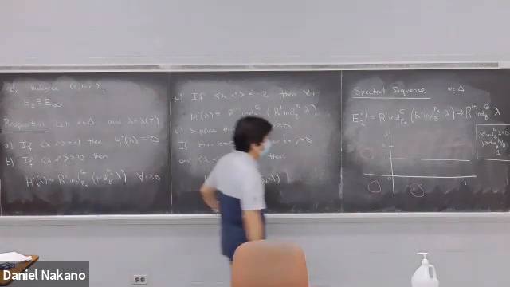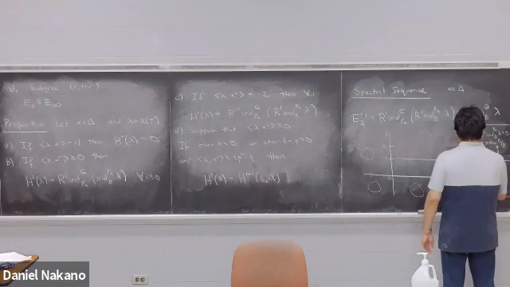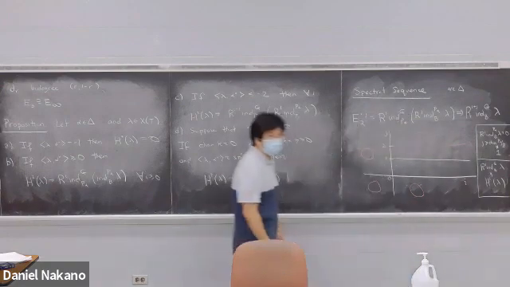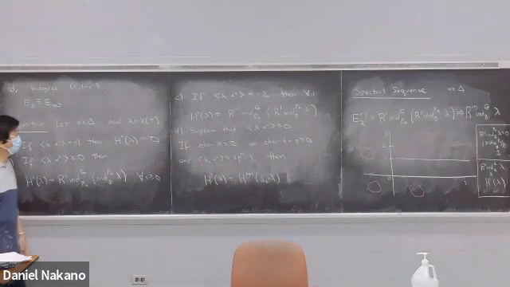Remember over here that R^i induction from P to G of lambda is H^i of lambda, so it's just a different notation for this. Any questions on this?